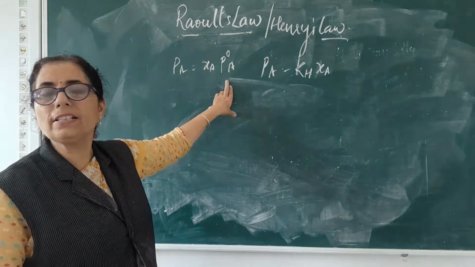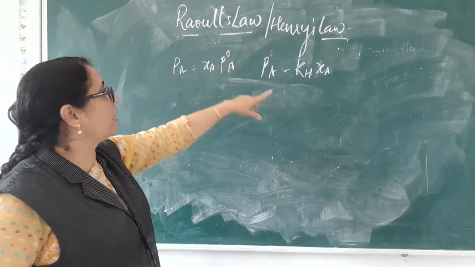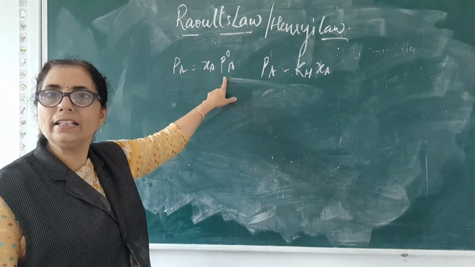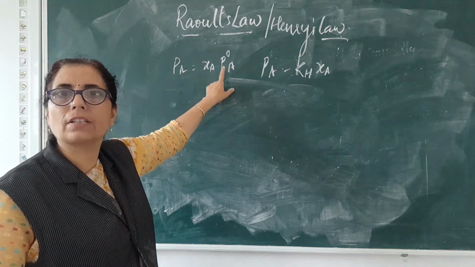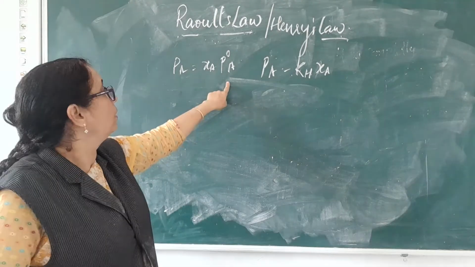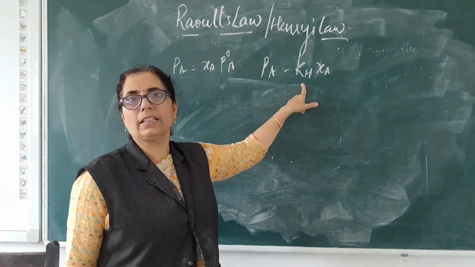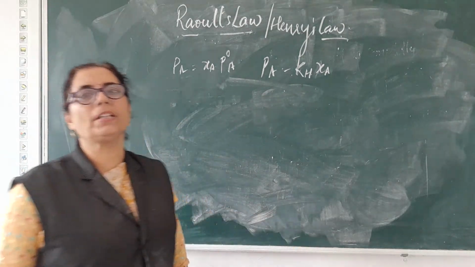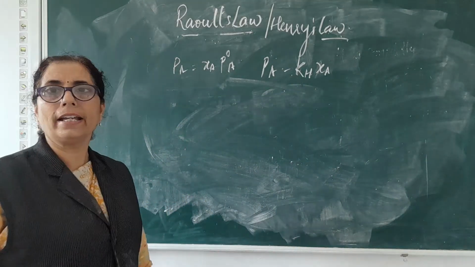The only difference is in the proportionality constant. In Raoult's law, the proportionality constant is P naught A, the pressure exerted by the pure solvent itself, whereas in Henry's law the proportionality constant is Kh. This is the difference between Raoult's law and Henry's law.